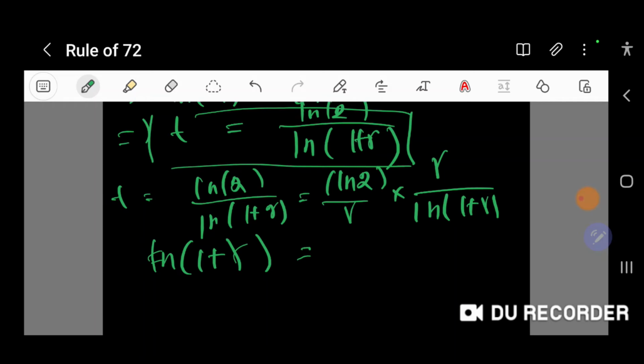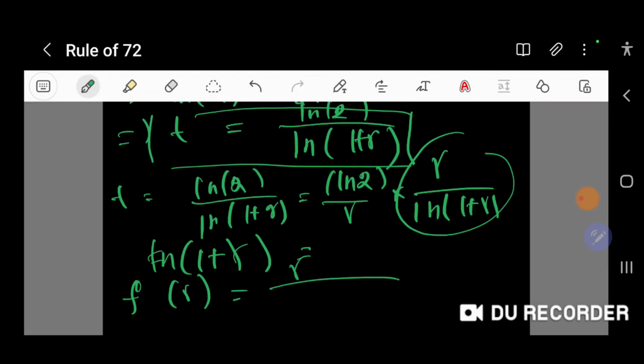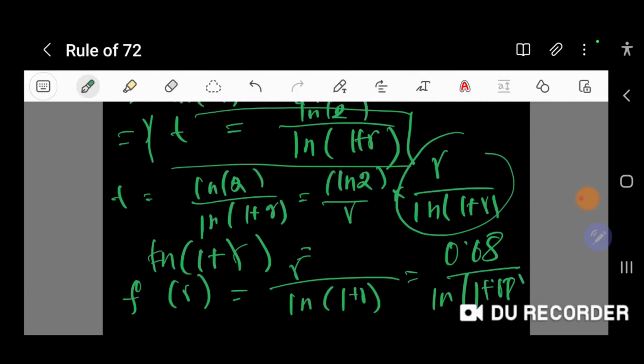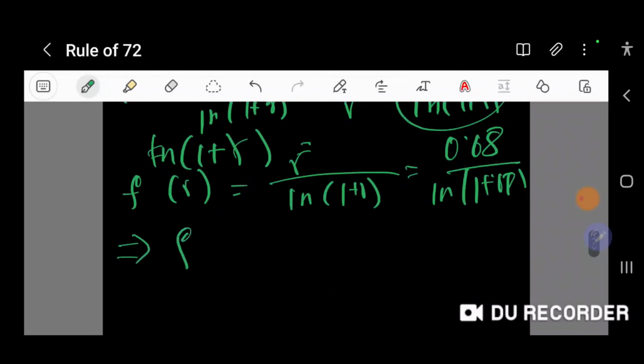Okay, so if we define this function f of R as this particular factor, R divided by ln(1 plus R), and put in, say, 8% interest, it will be ln(1 plus 0.08), so f of 0.08.